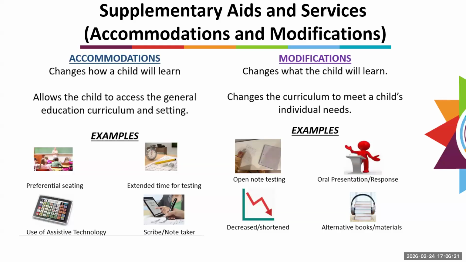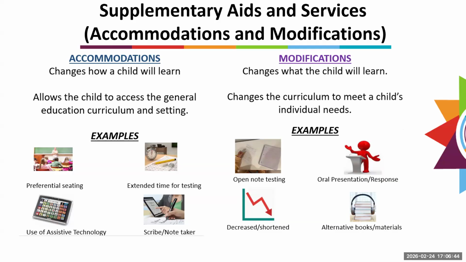In regards to accommodations, accommodations change how a child will learn. It allows the child to access the general education curriculum and setting. These are some examples of accommodations: preferential seating, extended time for testing, use of assistive technology, a scriber or note taker. On the other hand, you have modifications.